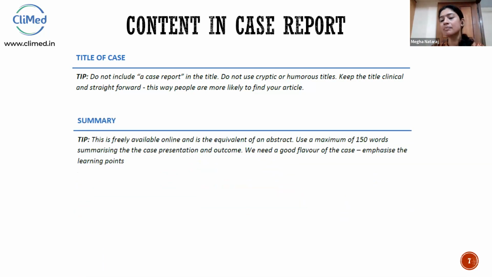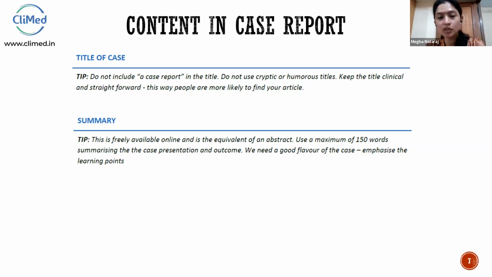And then you have something called a summary. Now this summary is very, very similar to the abstract. So you read the title, Diwali shots. Okay, now you're very curious, what is this? Let's find out. And then your eyes are drawn to reading that small section, which is a very short paragraph. And most of the time it is just one paragraph which has about 3 to 4 sentences, maximum 5 sentences.